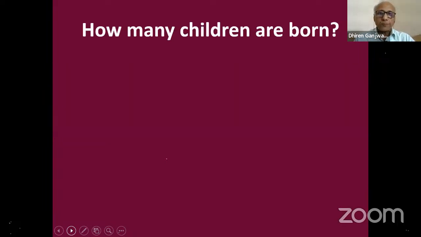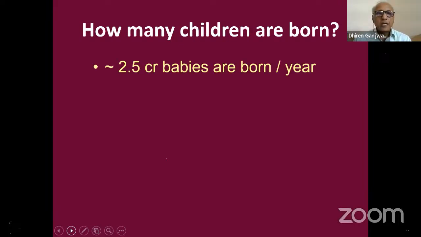So what is the magnitude of the problem? Whenever we go to any organization for reducing the incidence of DDH, we need to tell them how many children we see. In India, at present, every year, 2.5 crore babies are born.